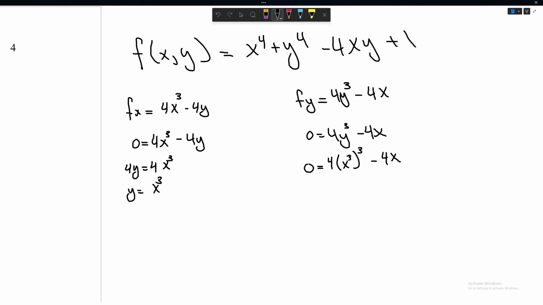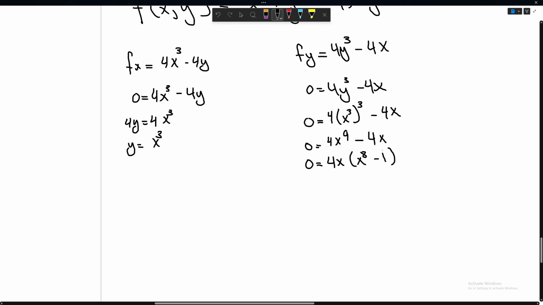Now I gotta find a way to isolate for all this stuff. So let's see what I can do. First, let me expand. Here I'll get 4x to the 9, if I'm not mistaken, minus 4x. Right? I'm gonna pull out a 4x. So equals 4x times x to the 8 minus 1.